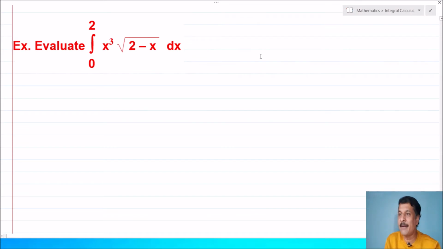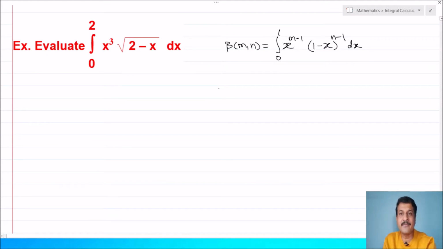Now the next example: evaluate the integral from 0 to 2 of x cubed into under root of 2 minus x. Again, as we know, beta of m, n equals the integral from 0 to 1 of x raised to m minus 1 and (1 minus x) raised to n minus 1 by definition.